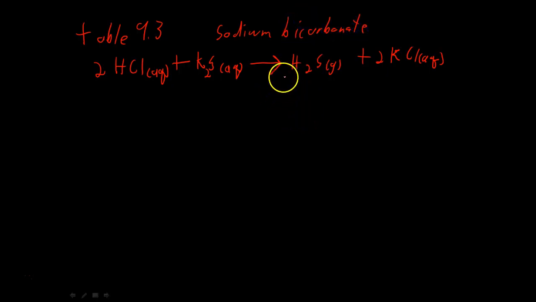What this does is form dihydrogen sulfide. It's two hydrogens and one sulfur atom mashed together, and it is in the gas phase. So this is one of the possible reactions, and remember that I'm not going to give you the exact reaction, just one that's very, very similar.